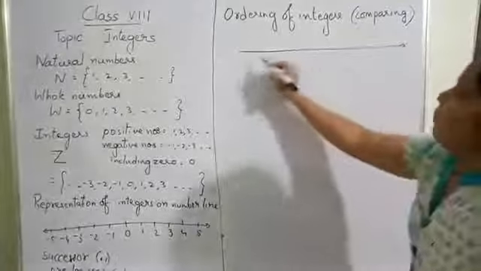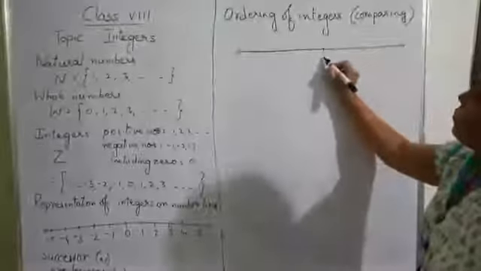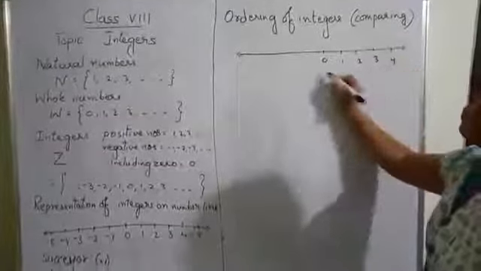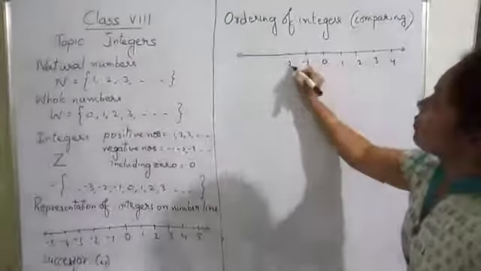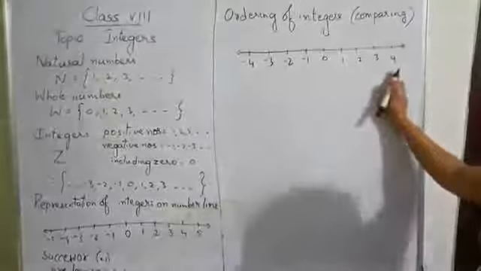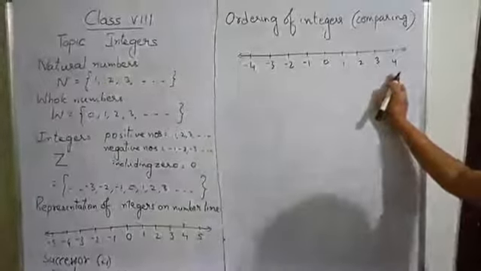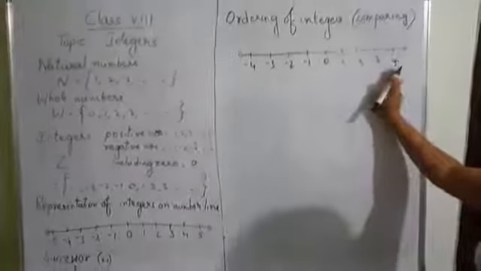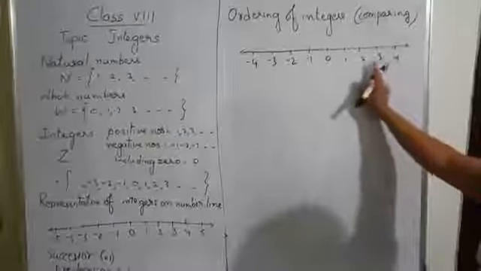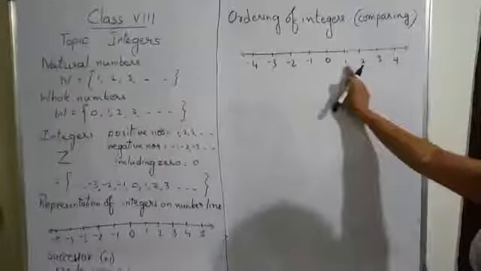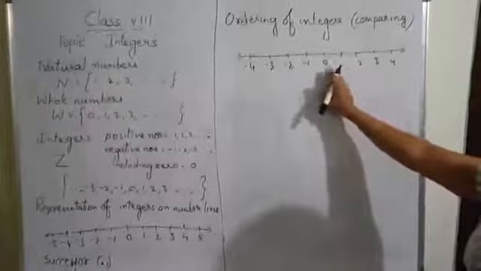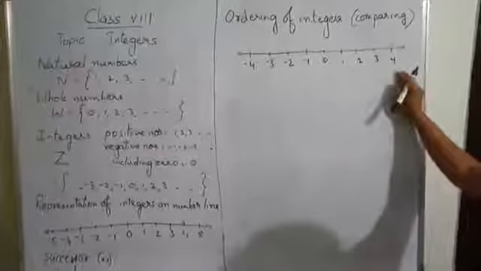When you take the number line, see the number line, how to compare the integers. When you take the positive numbers, it is easy to compare because 3 is less than 4, 2 is less than 3, 1 is less than 2, 0 is less than 1. So easily you can compare the positive numbers.